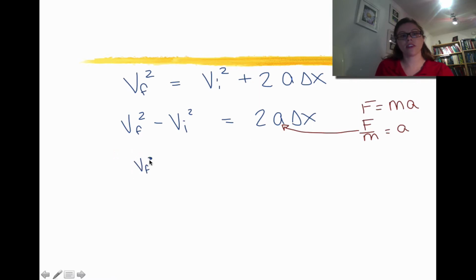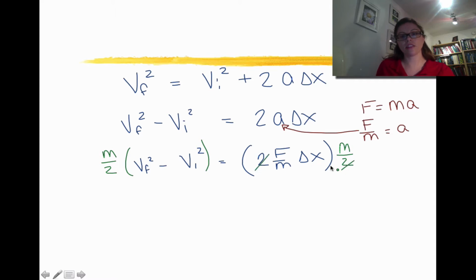So Vf squared minus Vi squared equals 2F divided by m, change in x. So I am going to multiply both sides of the equation by m divided by 2 because I know where I want to go with this. No other reason.